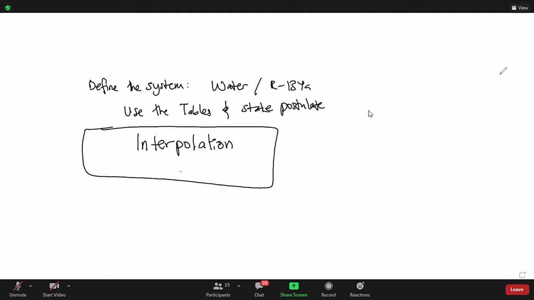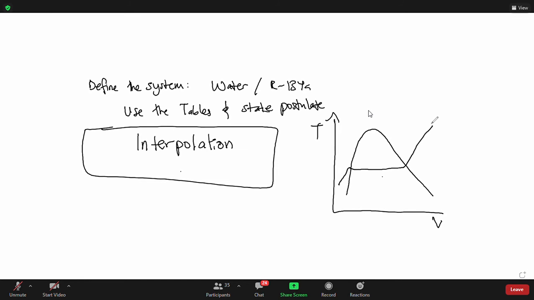It is important that you know how to interpolate, and as well as you must be able to draw TV diagrams and PV diagrams. Show the process. That means you must state, this is state 1, this is state 2, this is state 3, or you have another one.